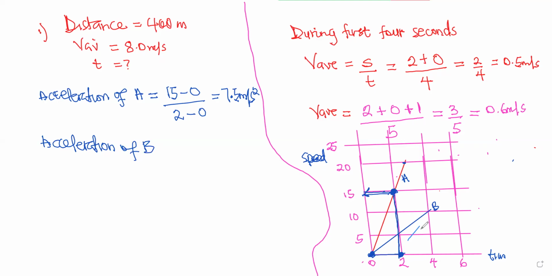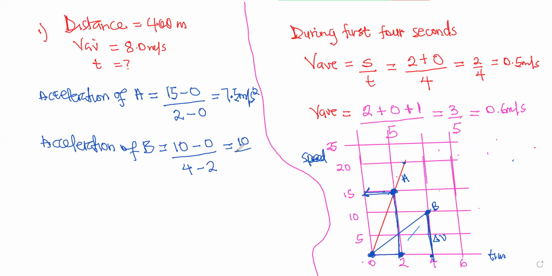So if we pick the 0 point and this point, the change in the vertical here too will be 10 minus 0, delta V. Emmanuel, are you okay as to why it is 10 minus 0 this time around? Yes, sir. Okay, divided by 4 minus 2.